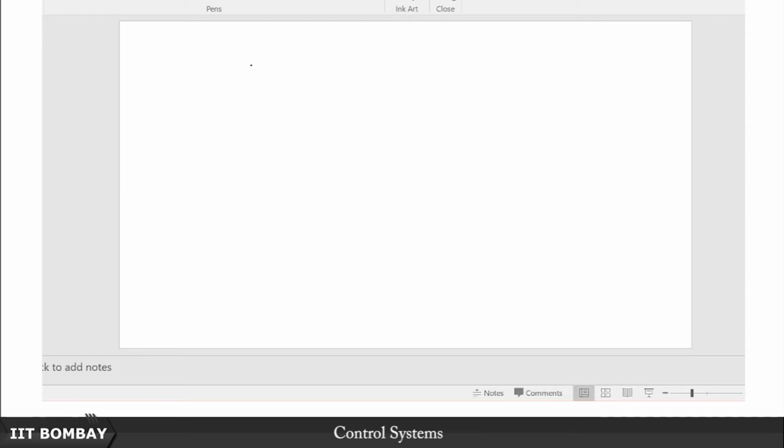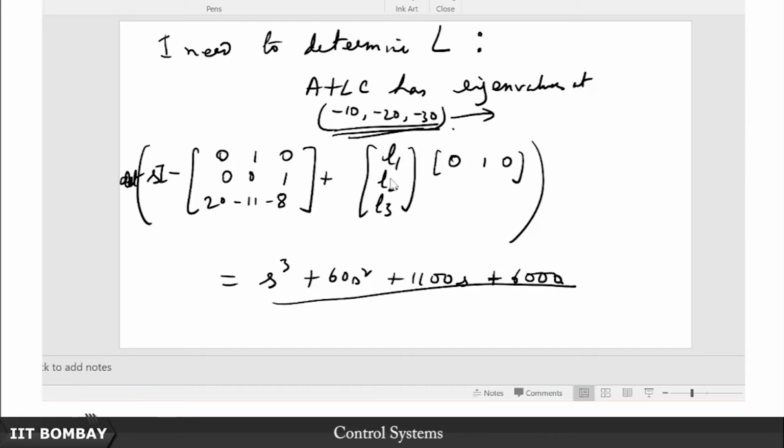Because I have done the calculations here in detail, no harm in showing you what they are going to be. So it turns out to be this determinant of SI minus A minus LC, so this is a minus sign.